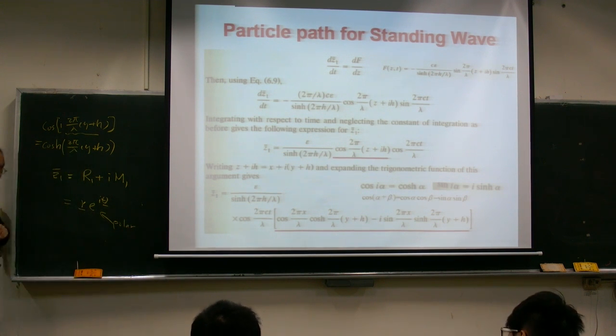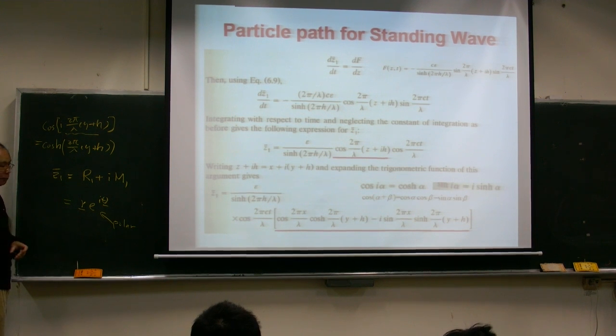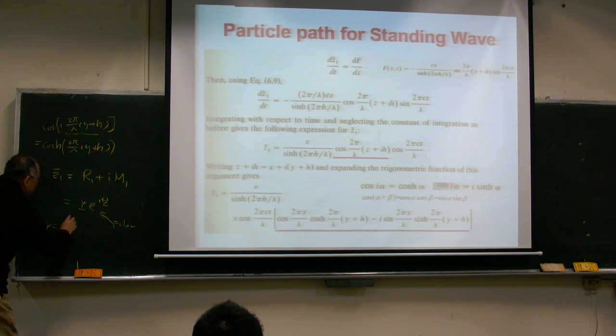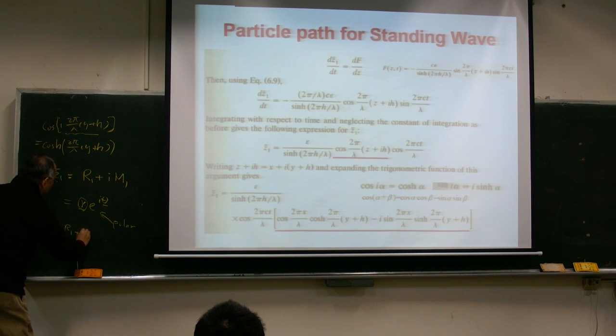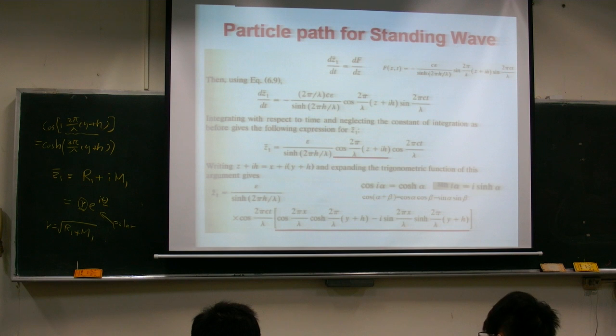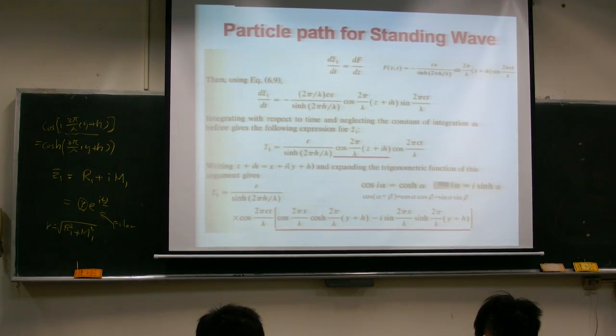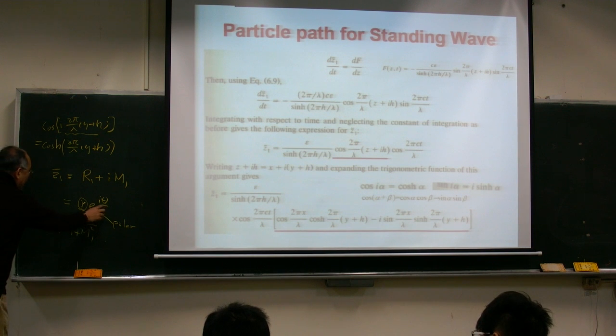And how do you evaluate R? R is equal to the square root of R1 squared plus M1 squared, right? And what's the theta here?